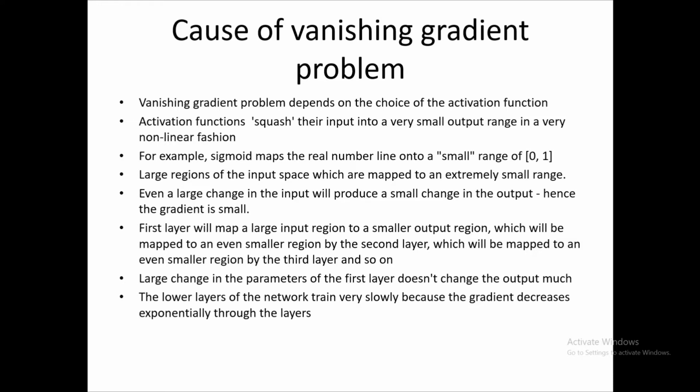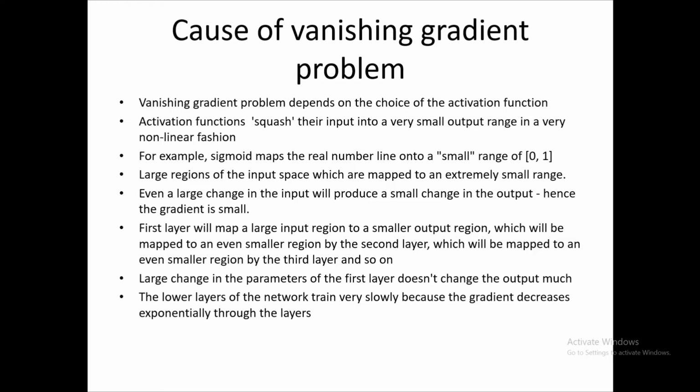The first layer will map a large input region to a smaller output region, which will be mapped to an even smaller region by the second layer, which will be mapped to an even smaller region by the third layer, and so on. So a large change in the parameters of the first layer doesn't change the output much.